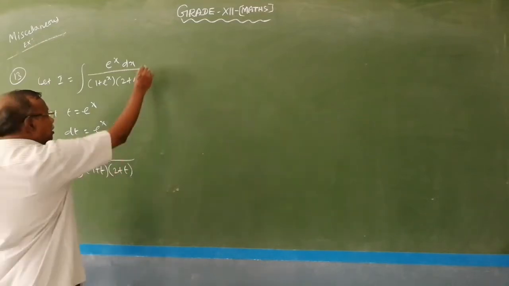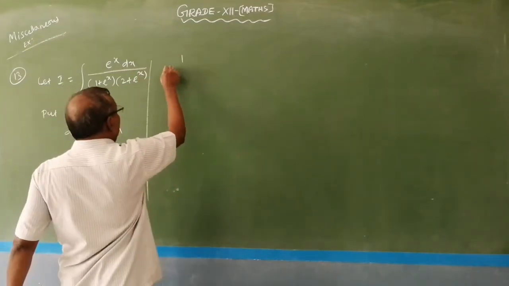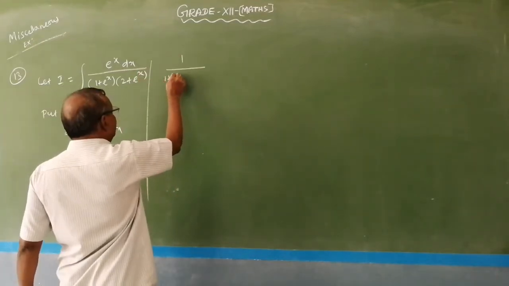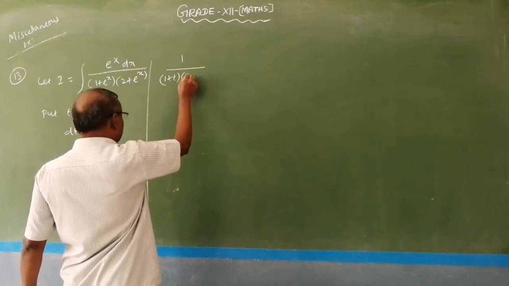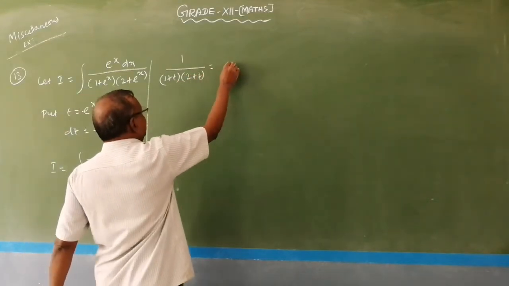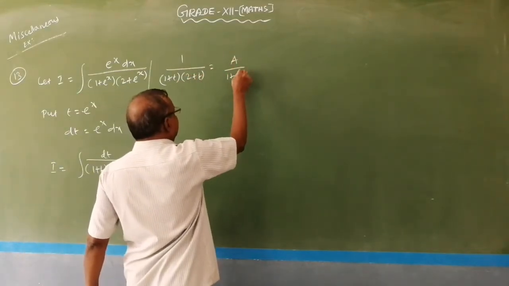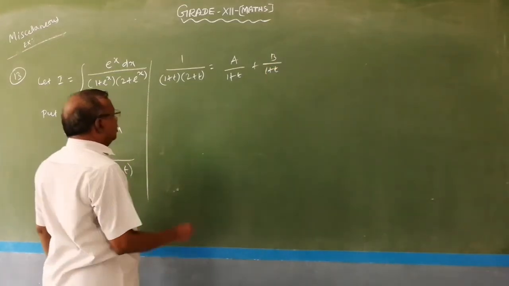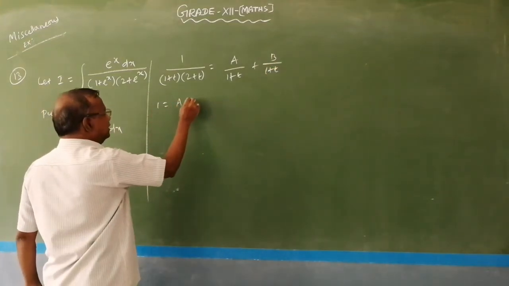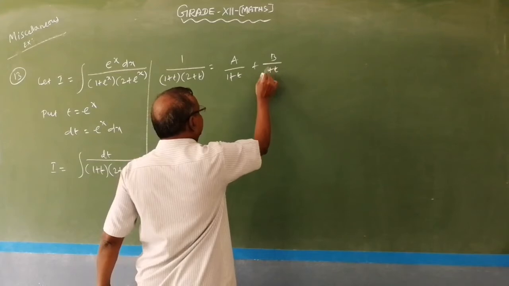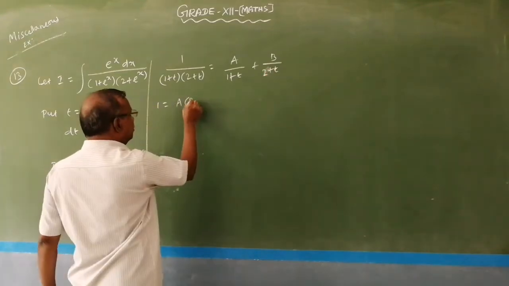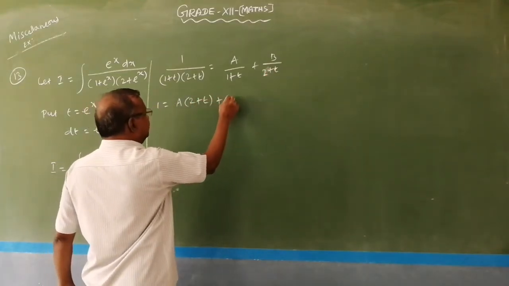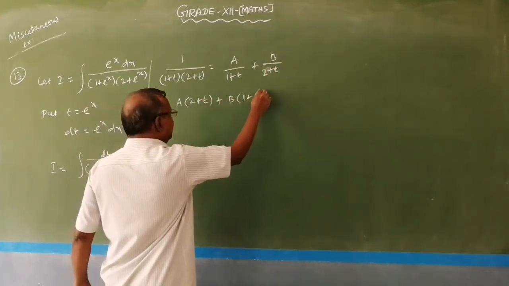So, now 1 by 1 plus t into 2 plus t is equal to a by 1 plus t plus b by 2 plus t, or 1 equal to a into 2 plus t plus b into 1 plus t.